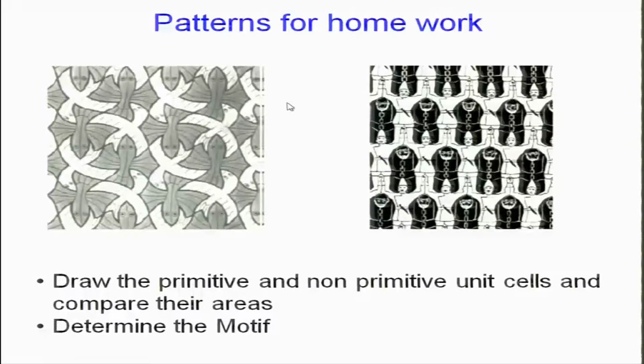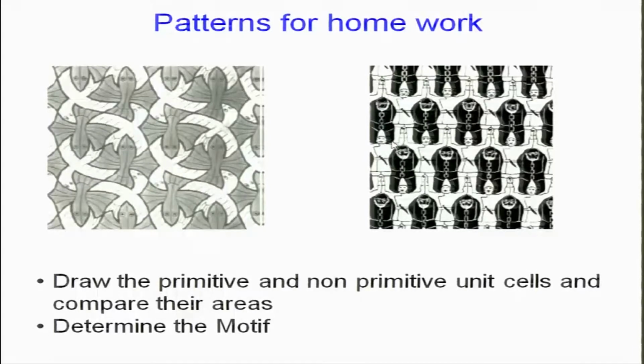These are some patterns which are provided to you. If you go online and Google Escher patterns, there are a variety of Escher patterns available, not necessarily these, but you can choose any periodic patterns and try to draw the primitive unit cells and non-primitive unit cells and compare their areas, compare the lattice points, what the lattice point is made of, and determine the motif in each case.